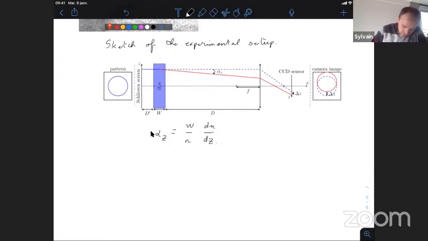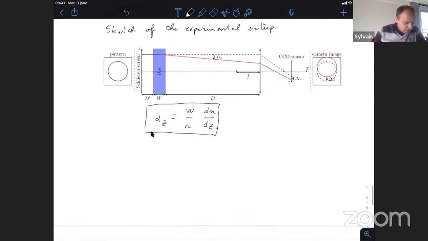So then with the camera, you have a motion delta z, and it's what you have seen in the movie. And delta z is just an optical construction, related to this angle alpha z, f, which is the focal length of the camera, and some distance.